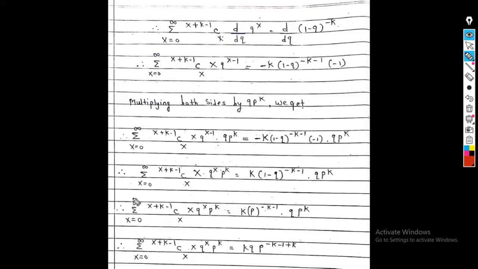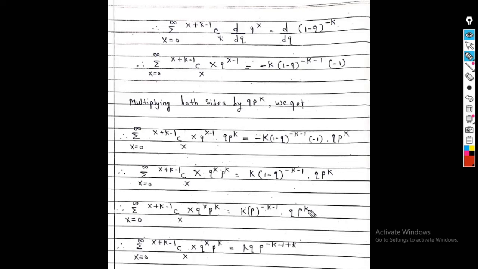Again, summation x equals 0 to infinity (x+k-1)Cx x q^x p^k is equal to k into, we know that p plus q is equal to 1, so 1 minus q is equal to p. So it becomes k p^(-k-1) q p^k. So summation (x+k-1)Cx x q^x p^k is equal to k q p^(-k-1+k).